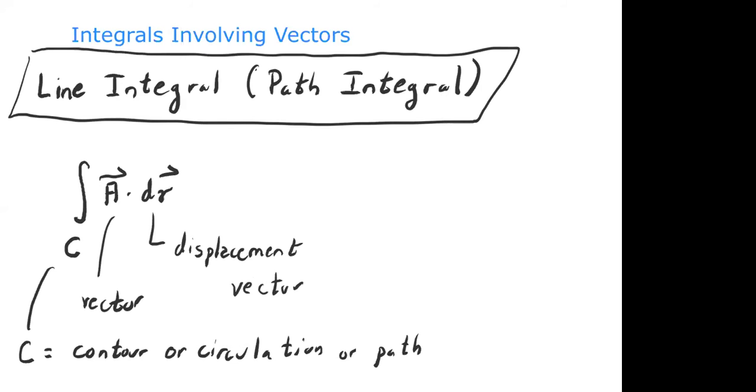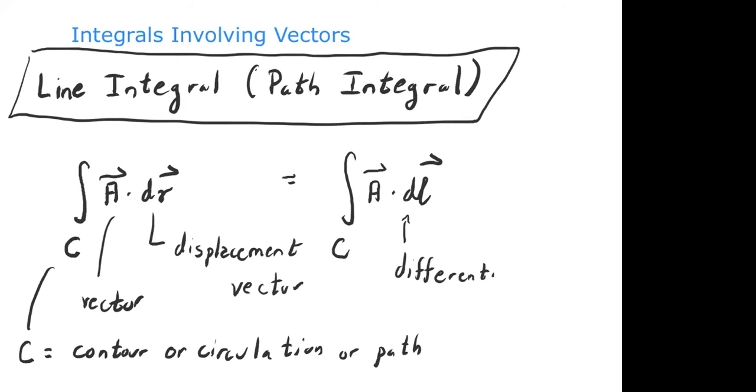So it behooves me to point out that this is not the only way that you'll see line integrals or path integrals in the literature. Some people use dl for dr, and in this case, it's a differential line element. It's the same thing.